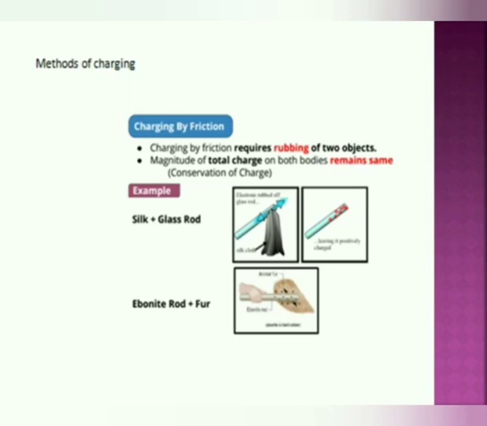Which body will acquire a positive charge depends on its affinity towards electrons. There is a series called the triboelectric series. The materials which come on top in the triboelectric series will acquire positive charge and the ones below will gain negative charge.